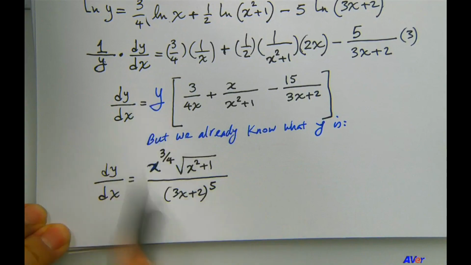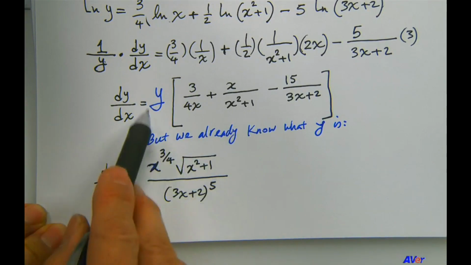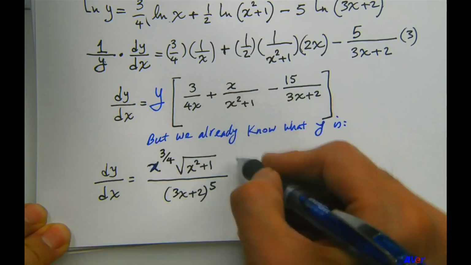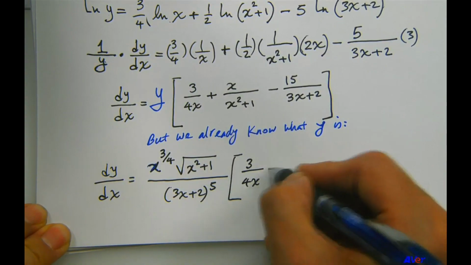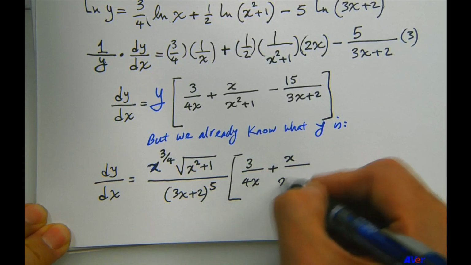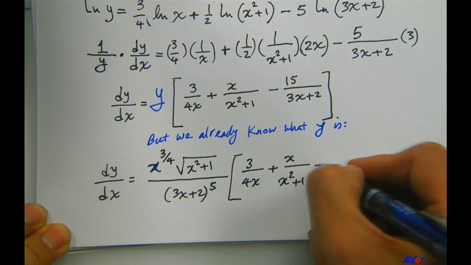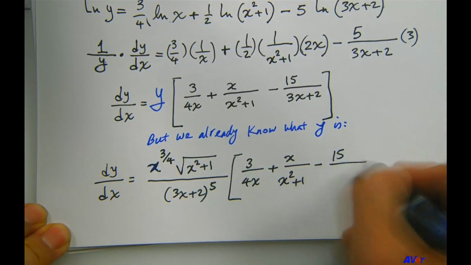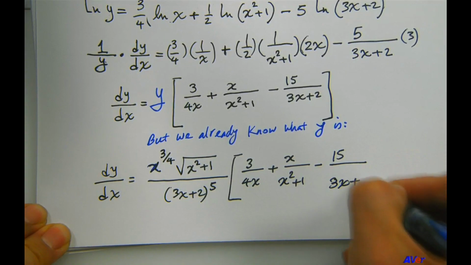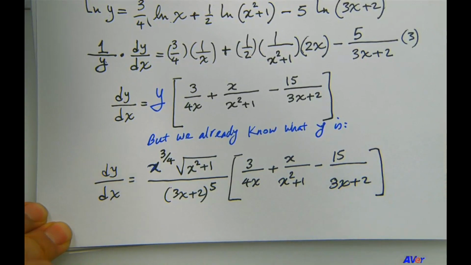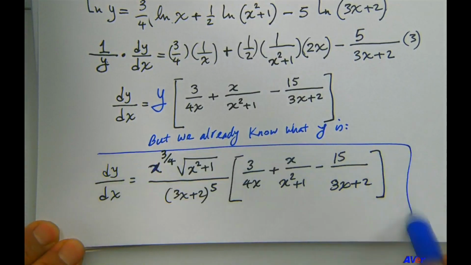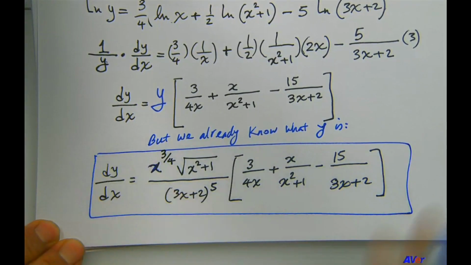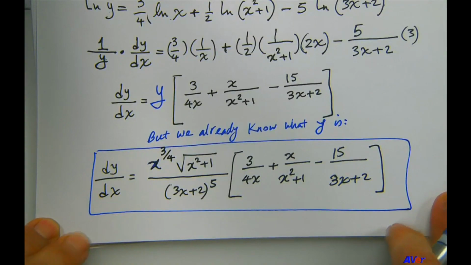That's y. This whole thing is y times all of what we had, times 3 over 4x plus x over x squared plus 1 minus 15 over 3x plus 2. Are we done? Yes, we are now done. Okay, so that is the full derivative of that expression.